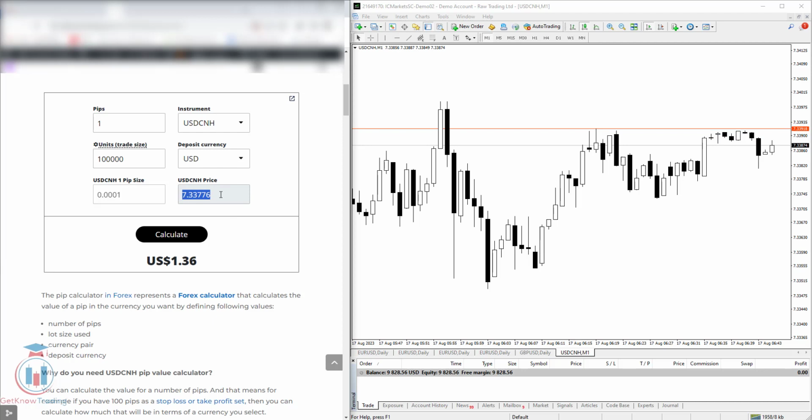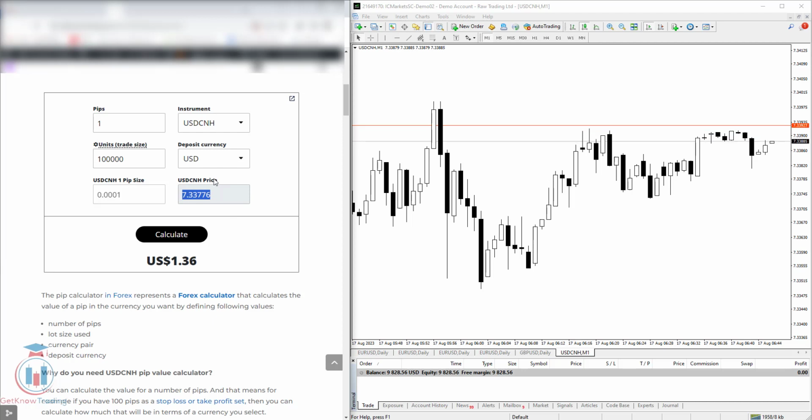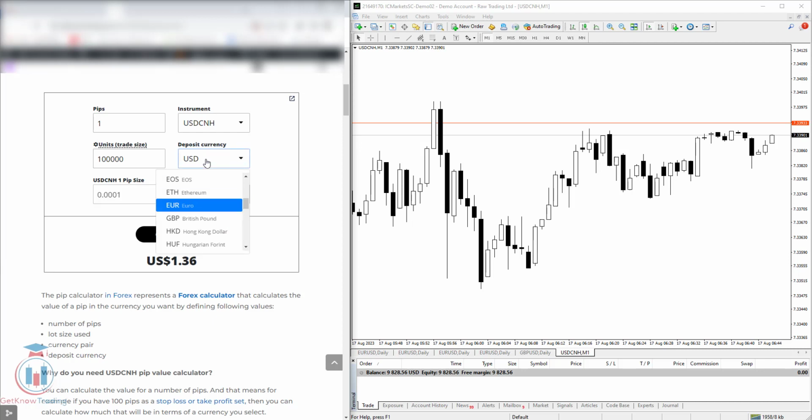In this case, this additional currency field is automatically selected when you are calculating the price for the pip for a currency that is not equal to one of the currencies inside your instrument. If you are using euro, for example, this Pip value calculator will select an additional currency price to make the calculation for the euro.